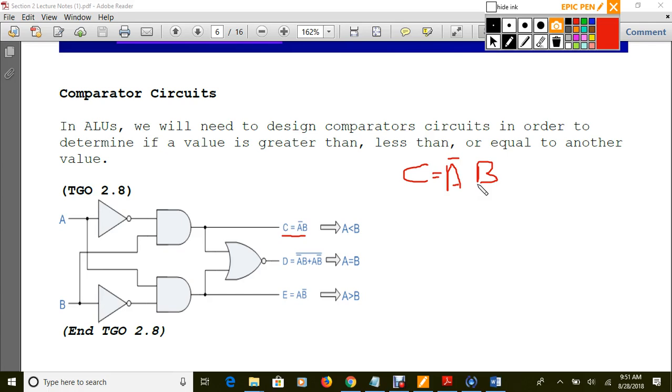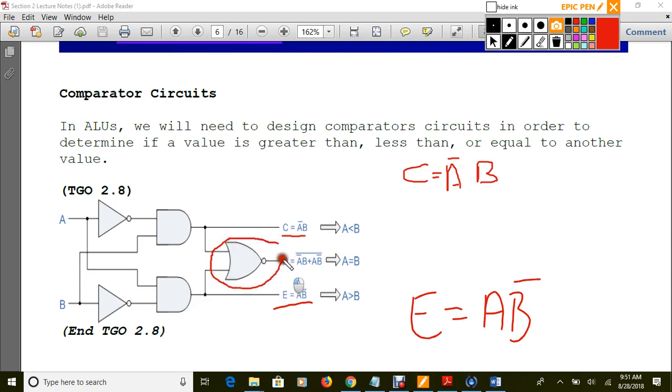So that just becomes A-not B. Likewise, we'll say E is equal to A B-not, so A is going to be greater than B if A is 1 and B is 0. Then, if neither of those is the case, we just use this NOR gate, right?